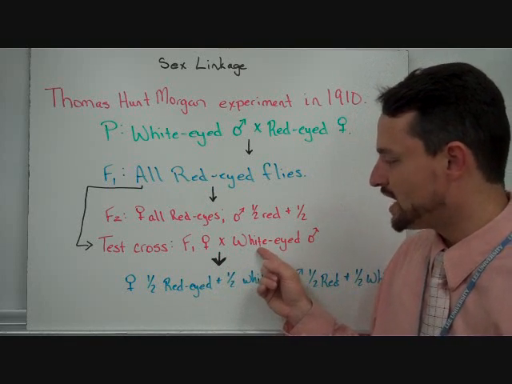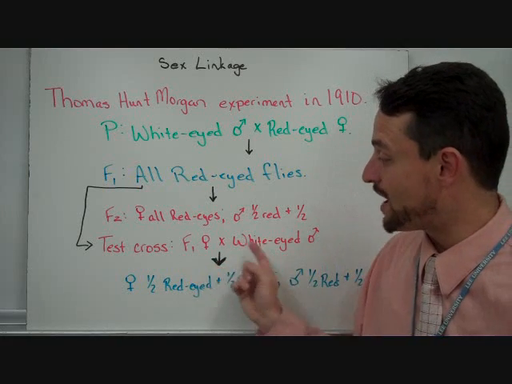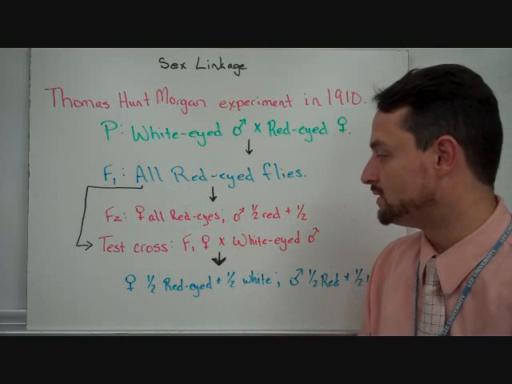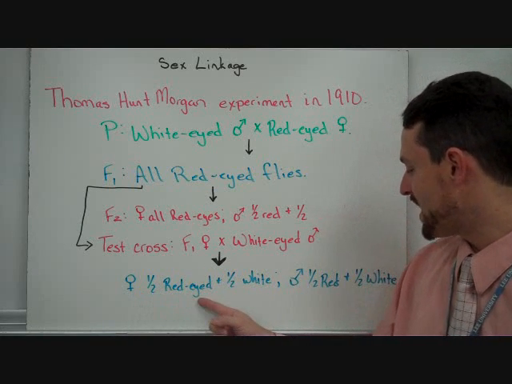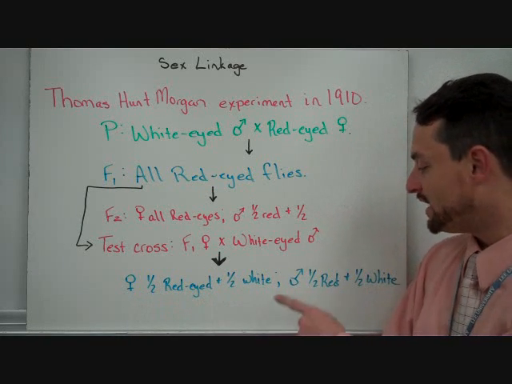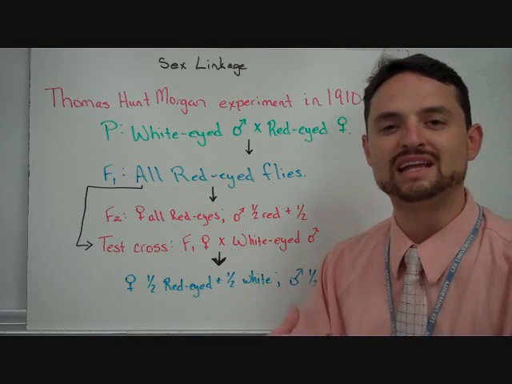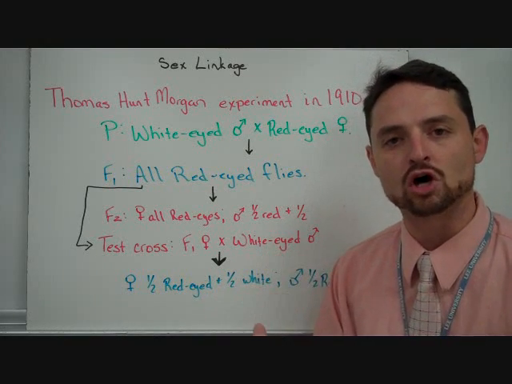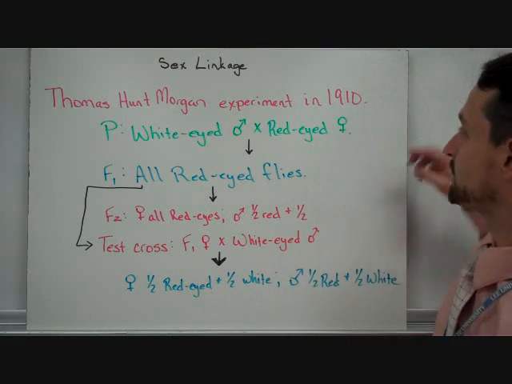So he got his white-eyed males back, and he crossed a white-eyed male with one of the F1 females. He noticed that his females were half red, half white, and his males were half red, half white. So there was a significant result here in looking at the difference between male and female.